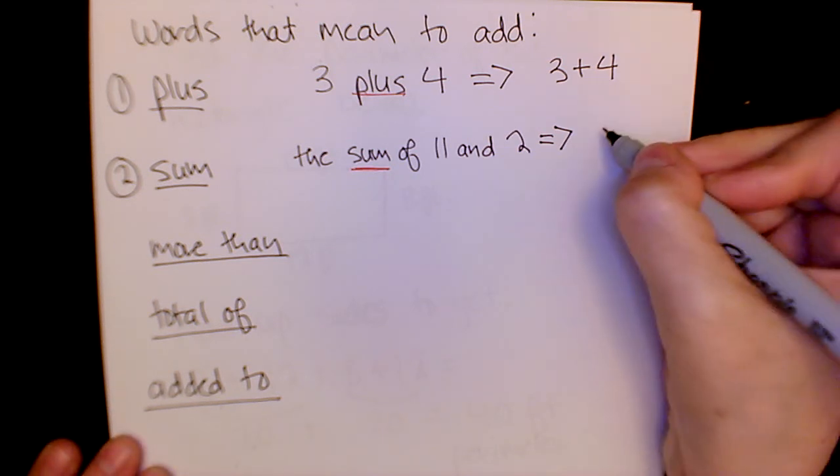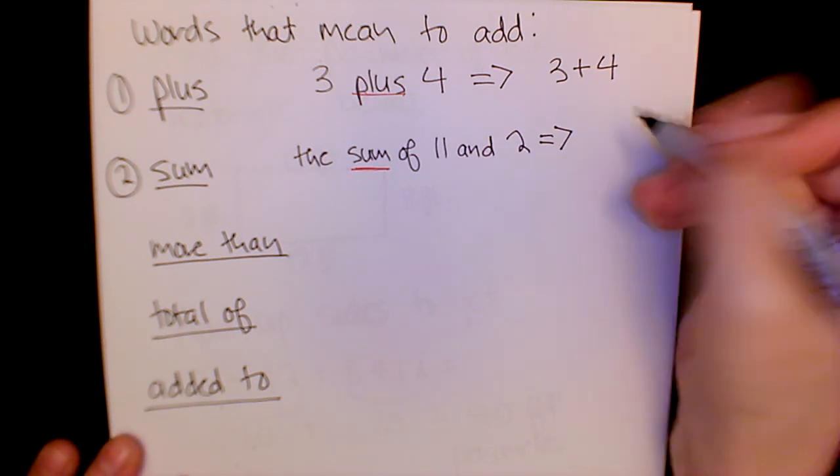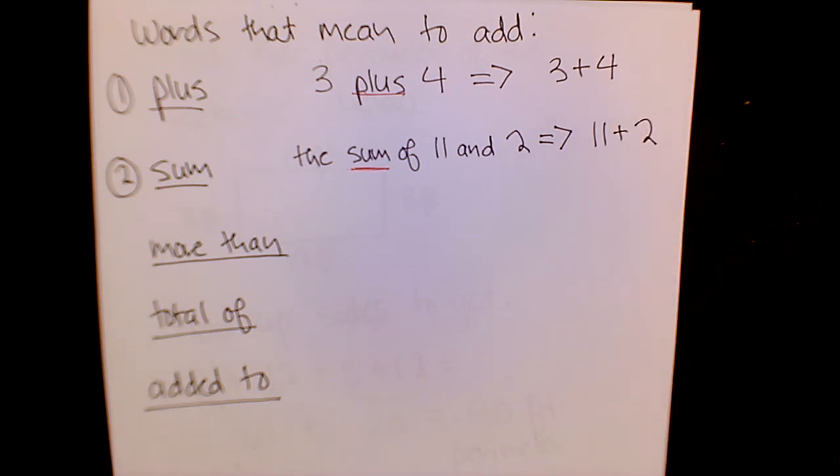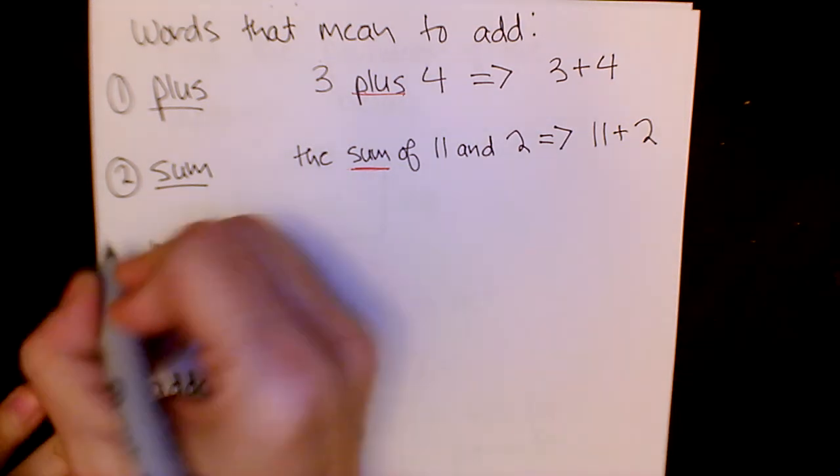So if I wanted to write this in math, I'm adding, so it's just 11 plus 2, and I'm done. And these words are all on page 35 in your book, top of page 35, if you want to go over the chart that lists all the words that mean to add.